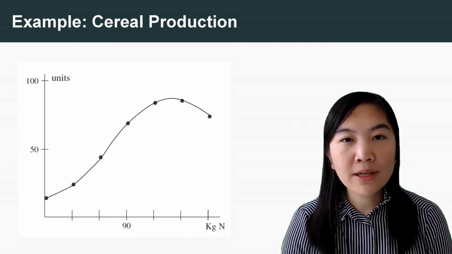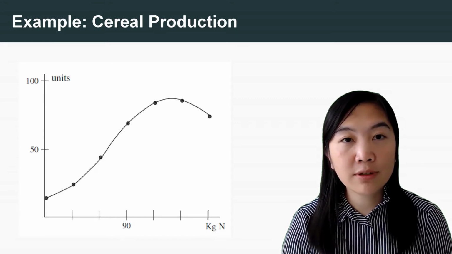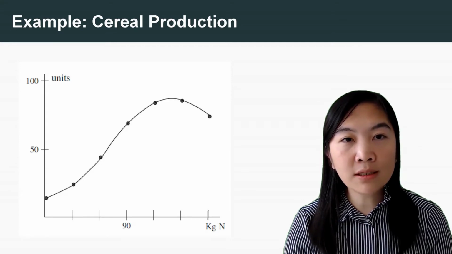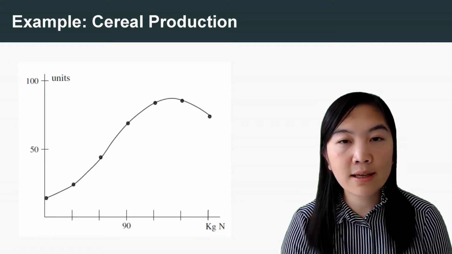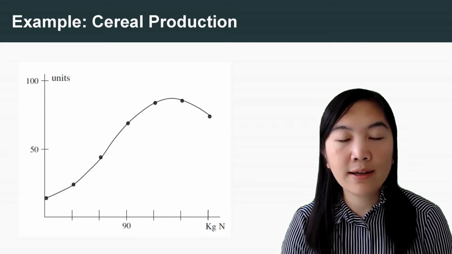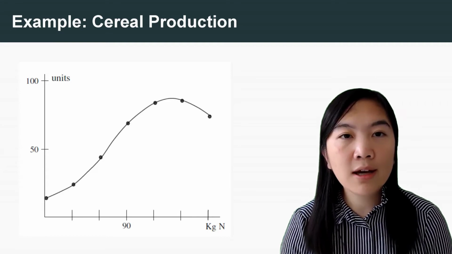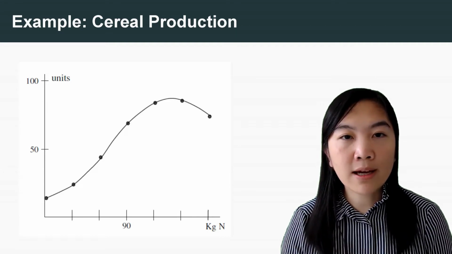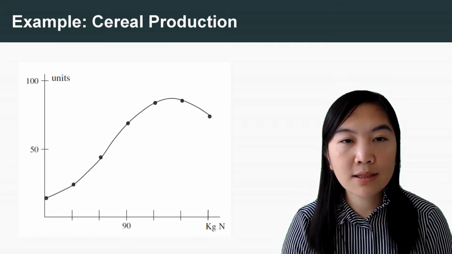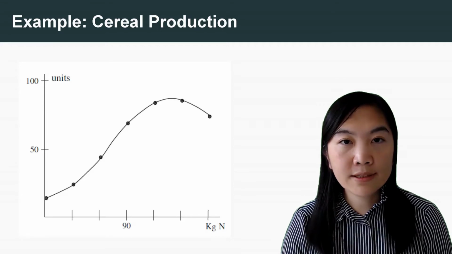So one way of doing that is that we can put all those numbers into a figure or a graph. So here, in this graph, the horizontal axis is the nitrogen in kilograms, and the vertical axis is the yield. And we use the data that we collected on those 7 plots and put them in this graph.